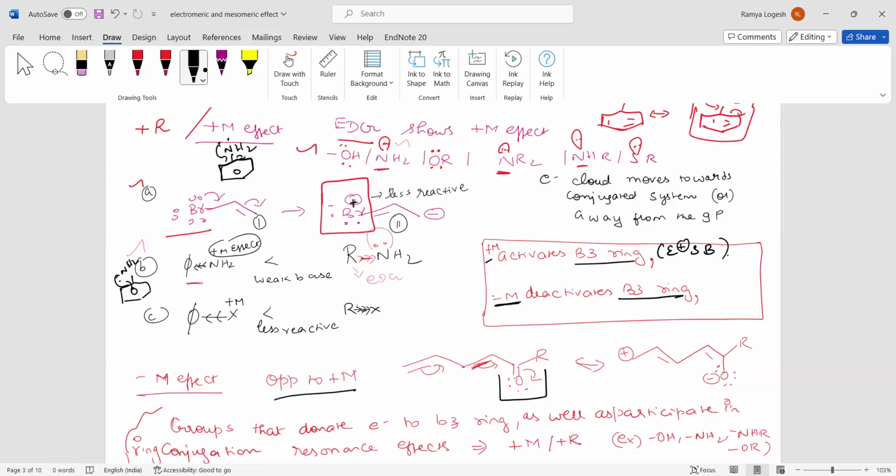Look at the third example. You have a halobenzene and you have an alkyl halide, which is more reactive. Here, we know halogen itself is an electron withdrawing group. If it is really electron withdrawing, the alkyl should be in a position to donate the electron to X so that it becomes active enough. But here, what is happening?